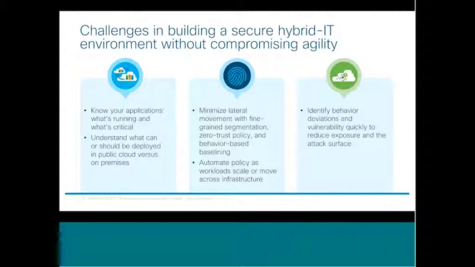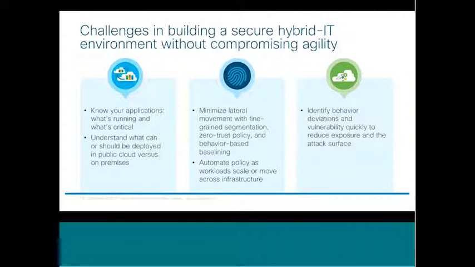The third aspect is how do I identify behavior deviations or anomalies and suspicious things much more quickly, much more proactively? And how do I reduce my attack surface by remediating known vulnerabilities that may exist in my environment because of certain software packages that I use, so that they can keep the infrastructure much more secure, right?